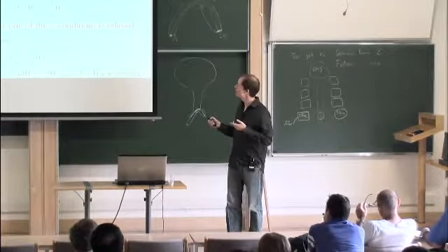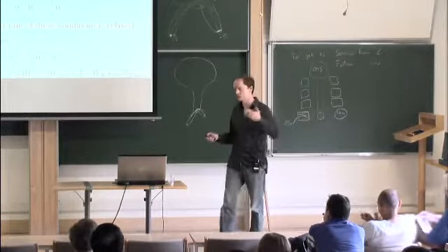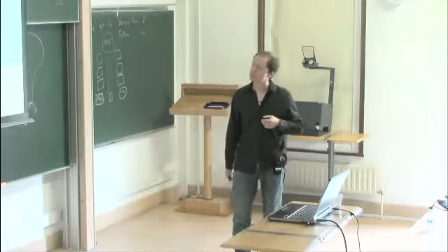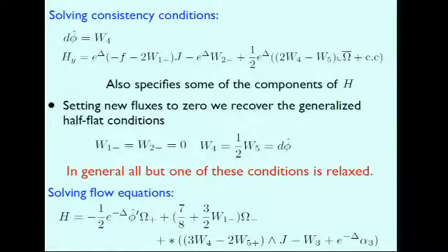But nevertheless, at the same level at which these constraints on the torsion classes were given before, the only thing left is that W4 is exact. So you have to go on and give an analysis of the solution of all the equations. Solving the flow equations completes the solution to H in some sense. So for example, in terms of the Y derivative of the dilaton, some torsion classes, and this is some Y dependence of the omega field.